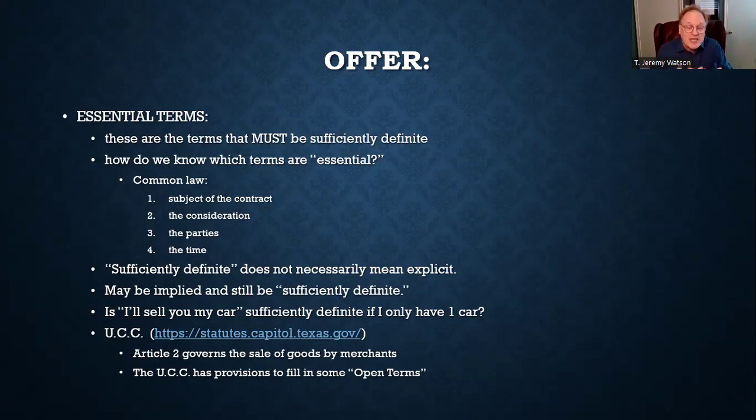As long as they are reasonably ascertainable from the situation, right? They can be implied by the situation. Then a court may be willing to imply some of those terms, like time. All right, and that's different from the UCC because the UCC has specific provisions that allow for filling in some of those missing elements if they're not contained in the offer. Okay.